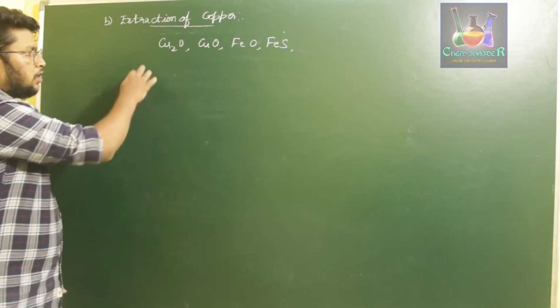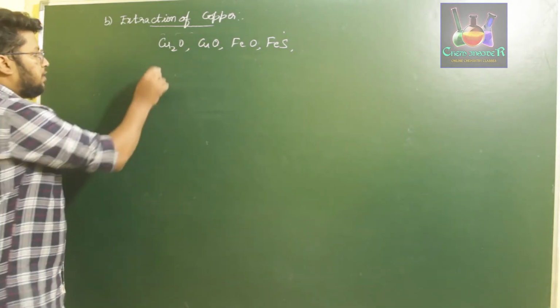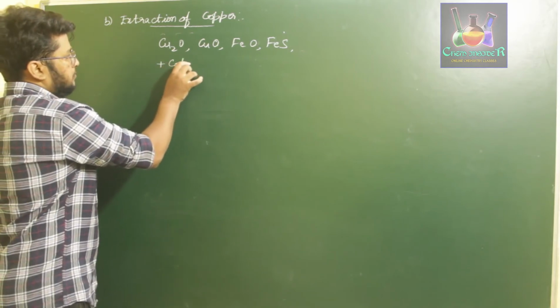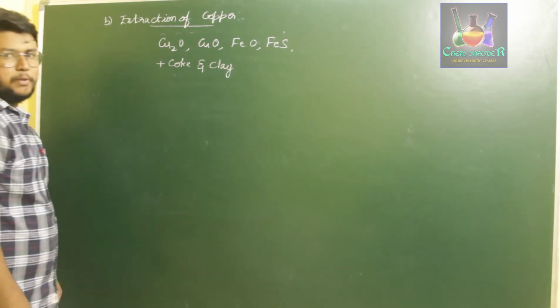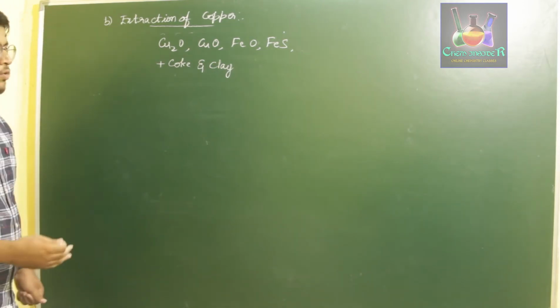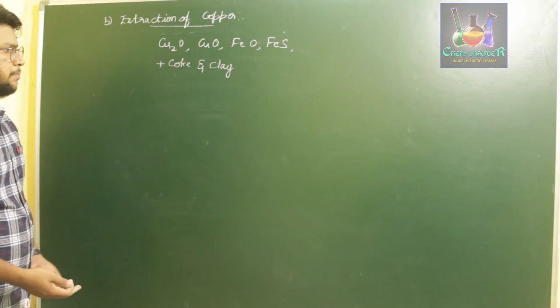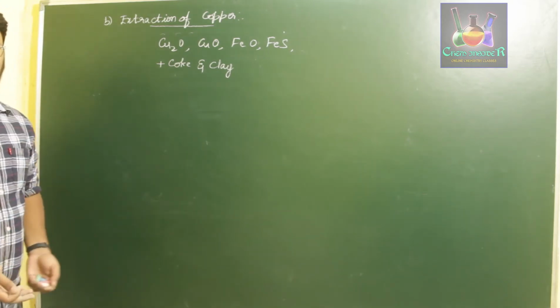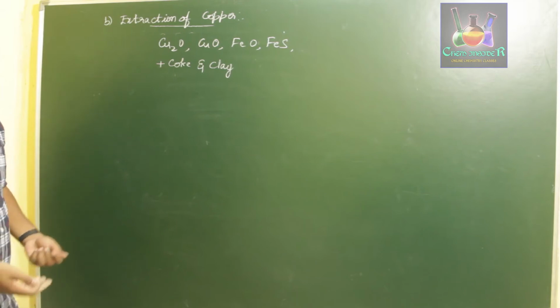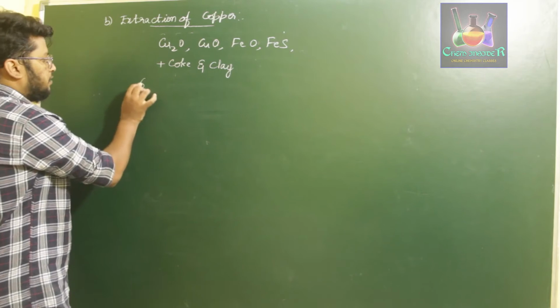On complete powdering, these are treated with coke and clay in a reverberatory furnace at a slightly lower temperature. Why do we take a lower temperature? If you go for a higher temperature, cuprous oxide becomes unstable. Therefore we take a lower temperature of about 600 to 700 Kelvin.